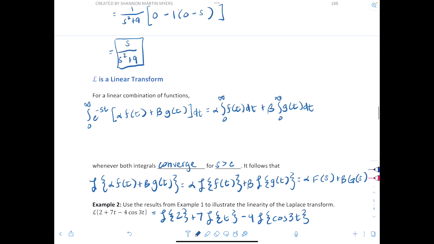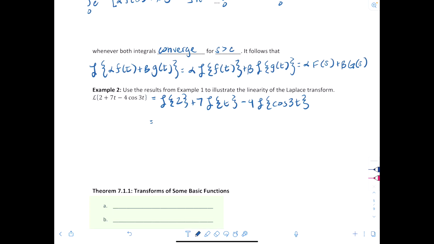And then we got s over s squared plus 9 for the last one. So we're going to get 2 over s plus 7 times 1 over s squared minus 4 times s over s squared plus 9. So we'll get 2 over s plus 7 over s squared minus 4s over s squared plus 9. Groovy?